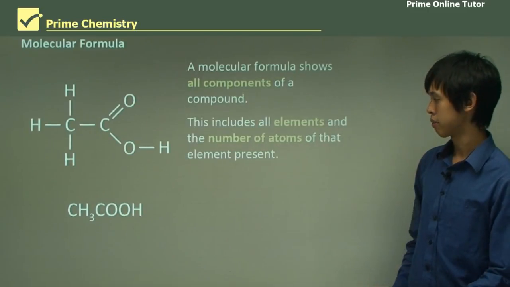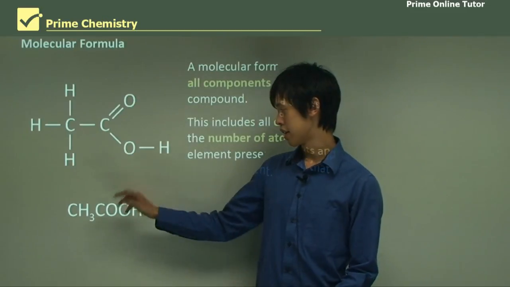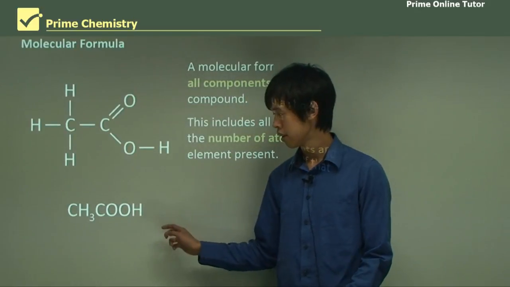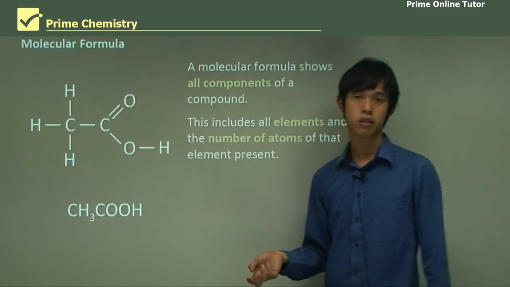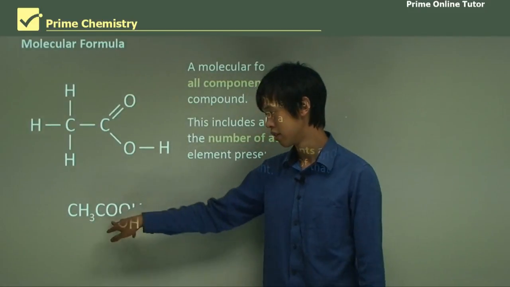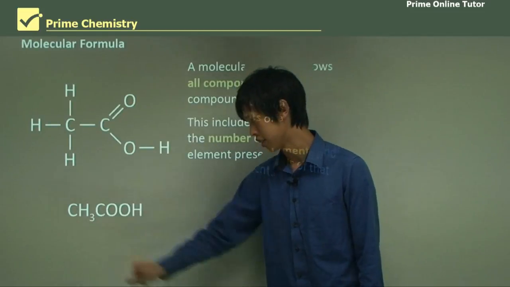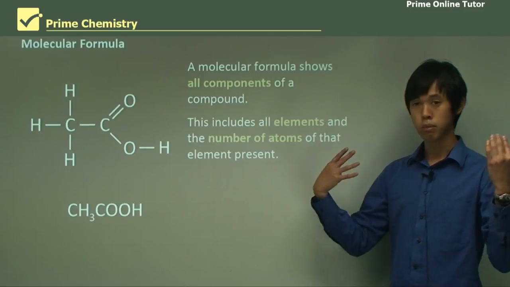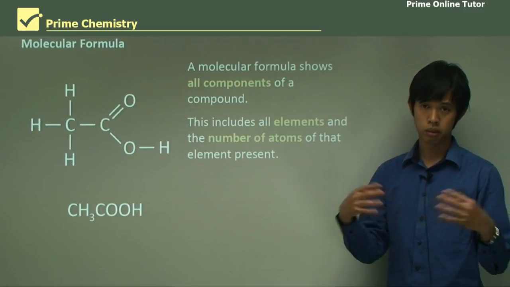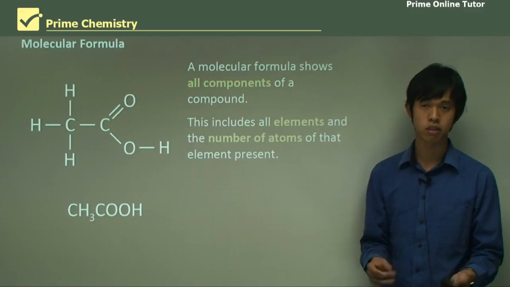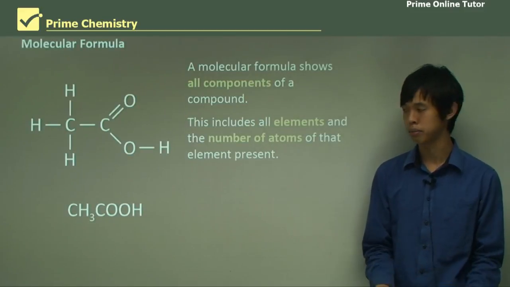Okay, so what I mean by that is you can see all the carbons, you can see all the oxygens, and you can see all the hydrogens, and how many of each one there are. So you can see there are 2 carbons, there are 2 oxygens, and there are 4 hydrogens, right? So the molecular formula tells you what's in the actual compound and how many of each type of atom or each element are in the compound as well.